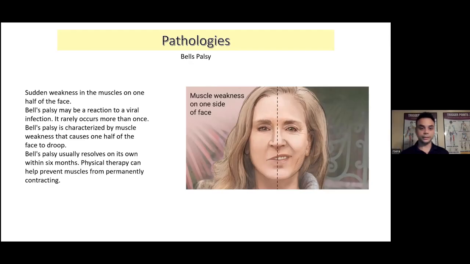Bell's palsy typically will correct itself over time, but I have seen some research about massage therapy to suggest that facial cupping can help with stimulating the nerve supply to those muscles, and I would assume that any massage would too. This particular study I saw was about facial cupping, but stimulation of the muscles and getting those receptors activated and getting signals sent through that nerve pathway may be beneficial in Bell's palsy's case.